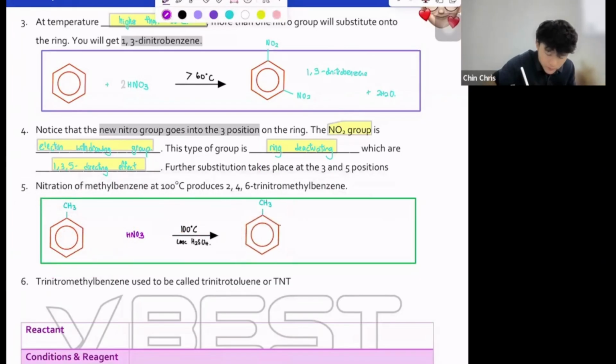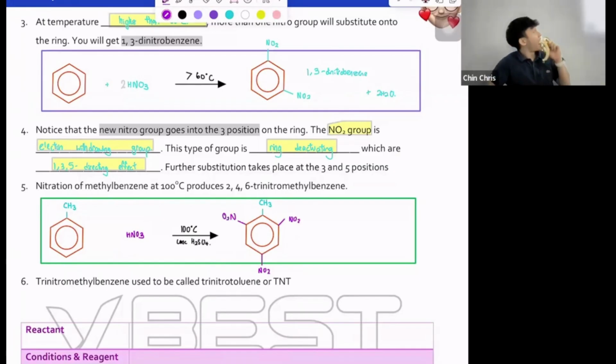Position 2, position 4, position 6. So you are substituting 3 HNO3 in and 3 H2 is removed. That's it.